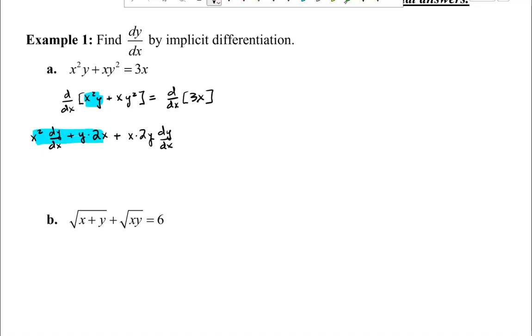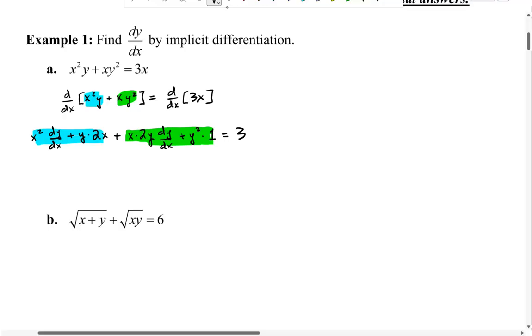So there's the first times the derivative of the second, plus the second times the derivative of x, which is 1. And so there's the product rule on this right here. And finally, on the right-hand side, we're going to get the derivative of 3x, which is just 3.